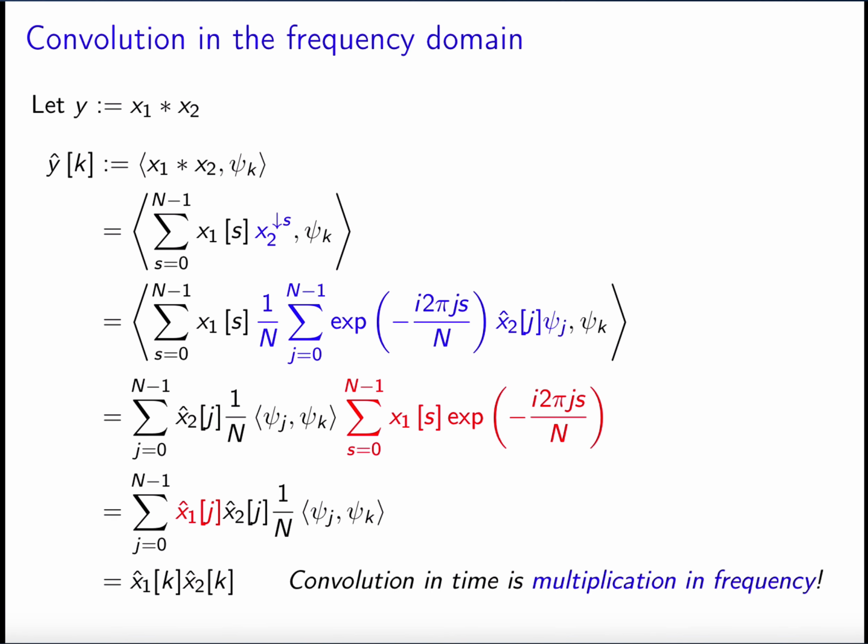So we end up with this spectacular result, which is that if you convolve signals in the time domain, what's happening in frequency is something super simple. Their Fourier coefficients are just being multiplied. We have proved this for the DFT, but you can essentially prove the same thing for the Fourier series if you're doing convolution in continuous time.